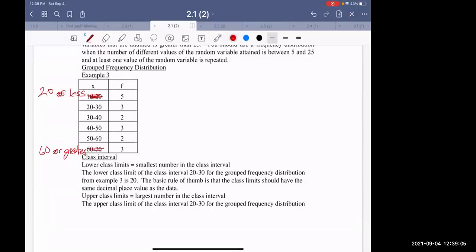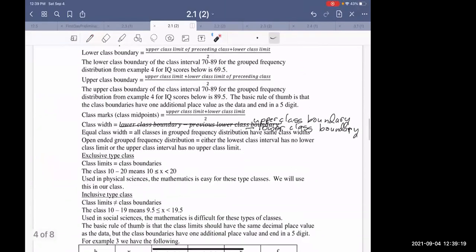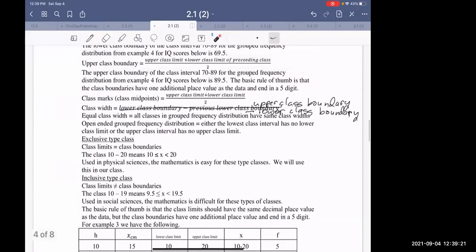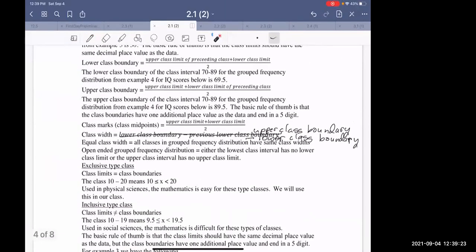So maybe there are 5 numbers that are 20 or less. If either of these happens, then we call this an open-ended group frequency distribution. So either the lower class interval has no lower class limit, or the upper class interval has no upper class limit.